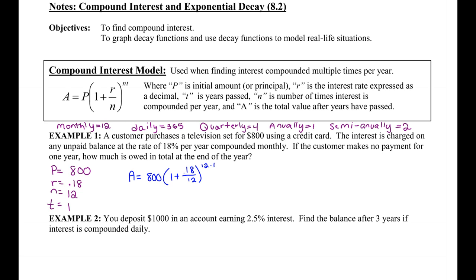If you're entering this in your calculator, you'll want to make sure you put parentheses around the fraction as well as your exponent. Typing it in, you should get 956.49. We're going to round to the nearest hundredth because we're talking about money.